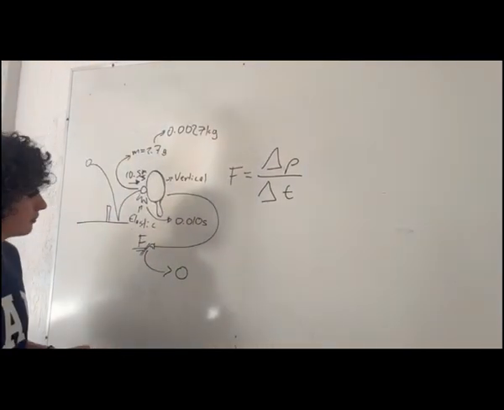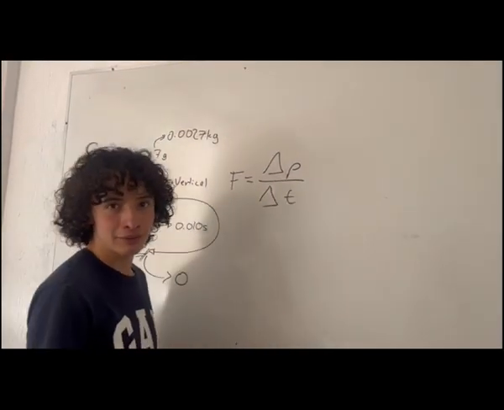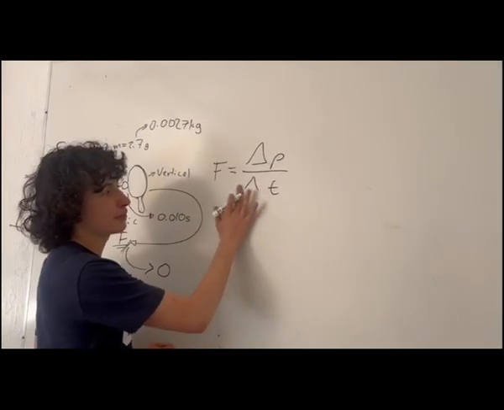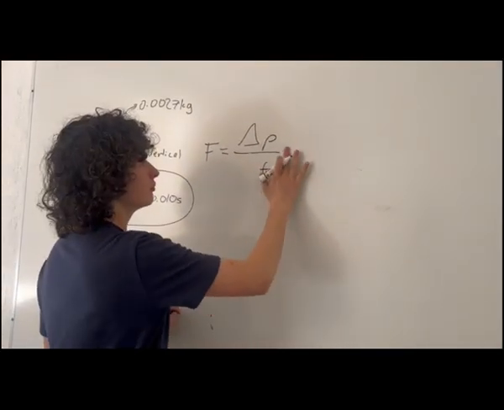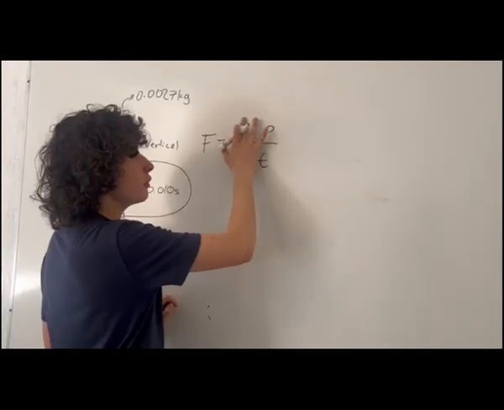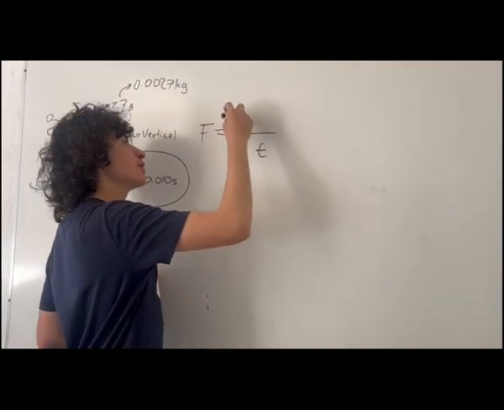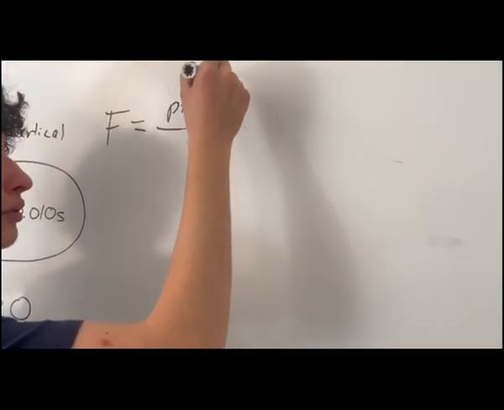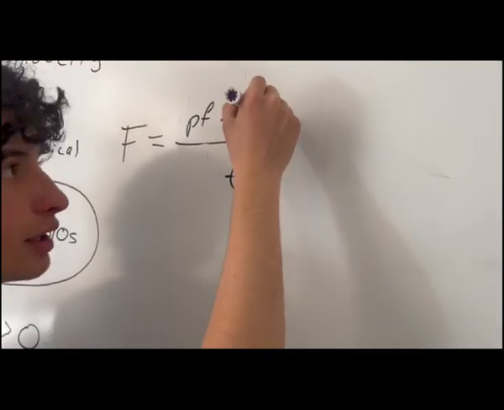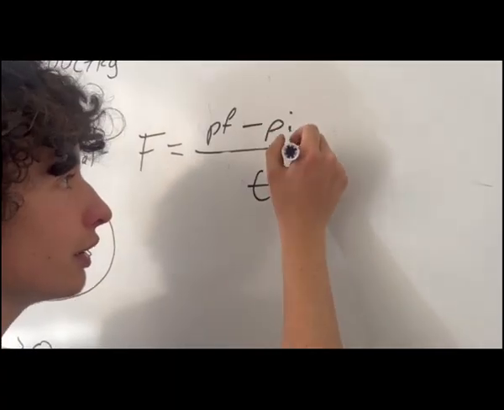As the time we already have in that format, it will be just time, okay? Then the change in momentum can be represented as final momentum minus initial momentum.